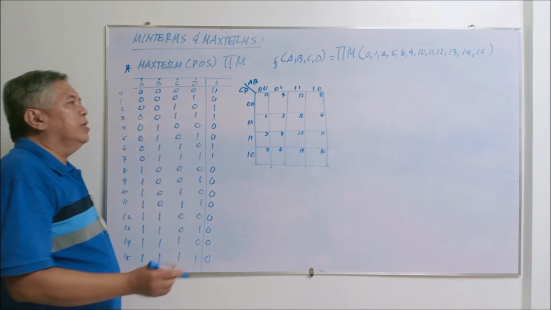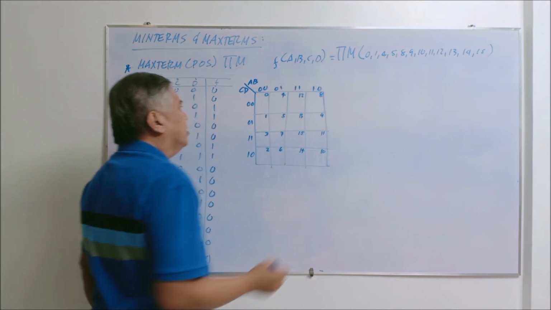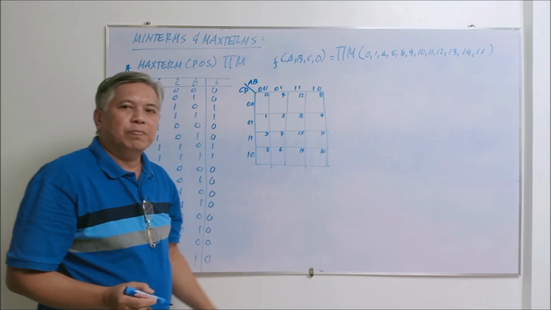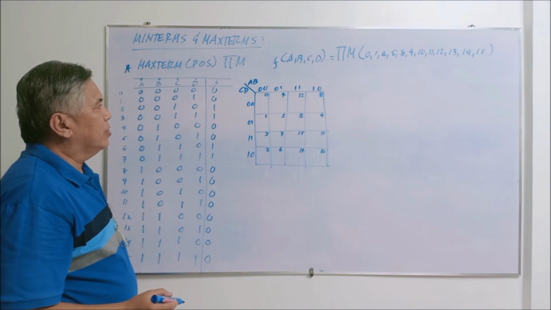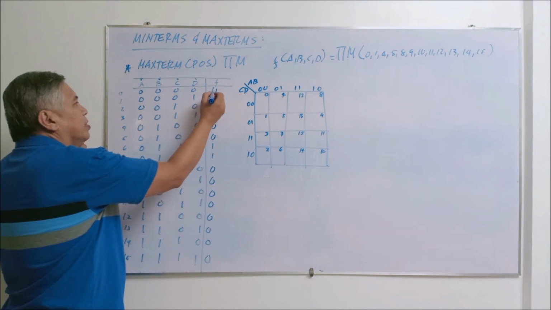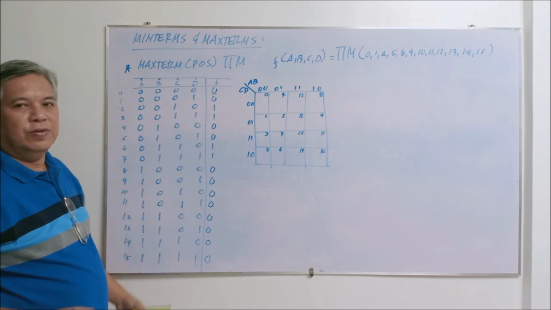Okay? Then, we locate this Maxterm in your map. Okay? So, this time, we use the value 0.